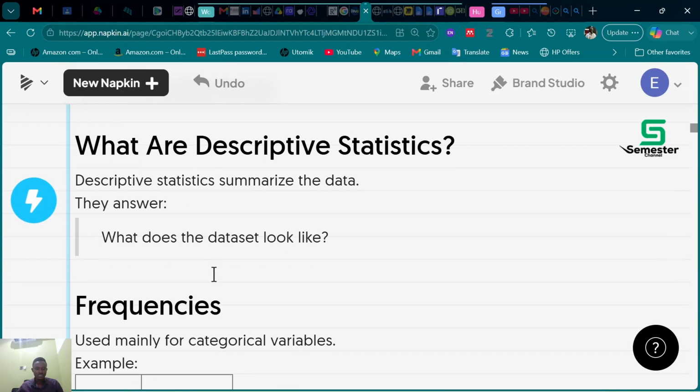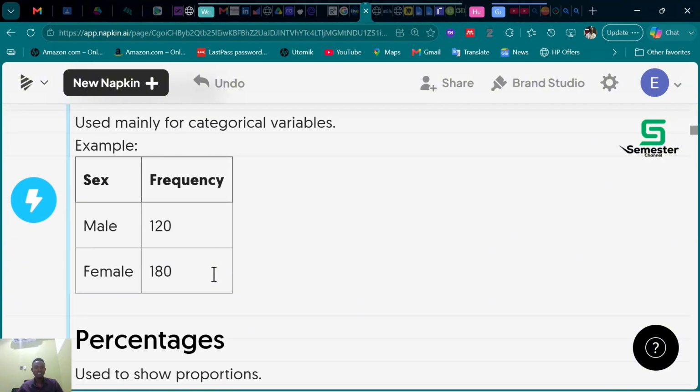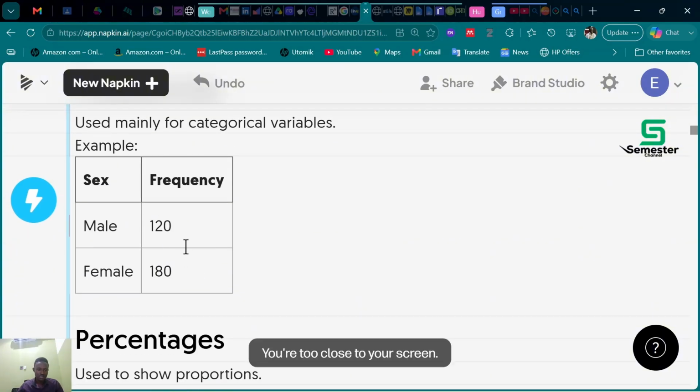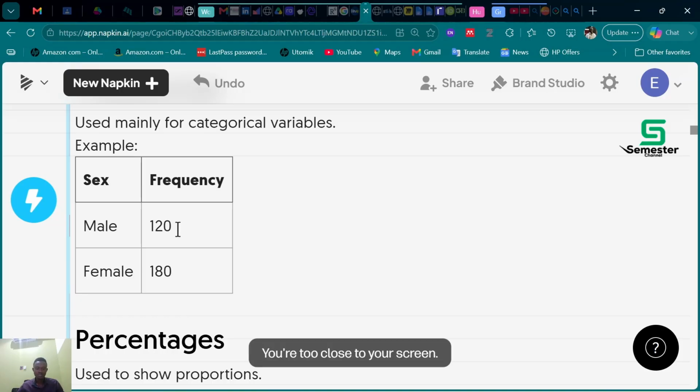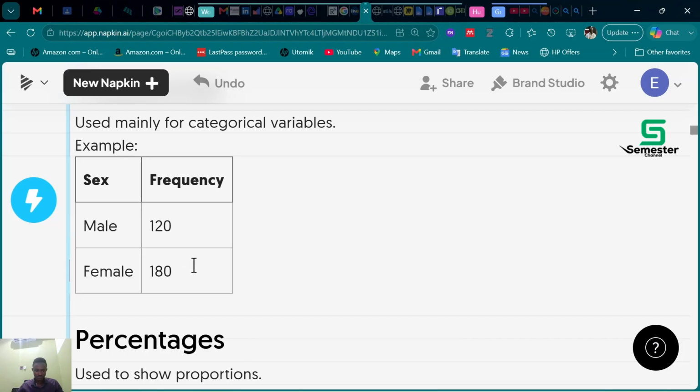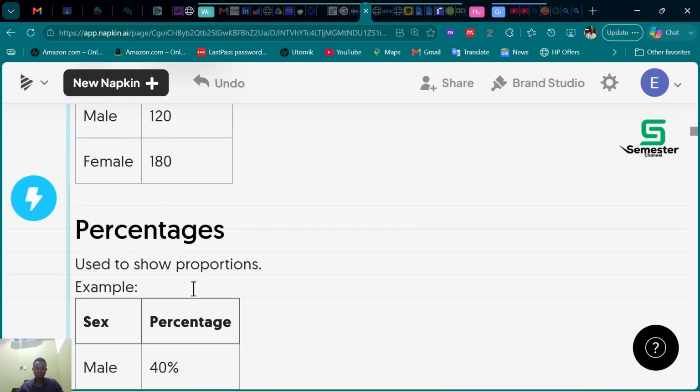Okay, so an example is frequency for males. Out of 300 participants you recruited for your study, 120, when you strike the percentage, let's say 40% were males, and then 180, which forms 60%, are females.